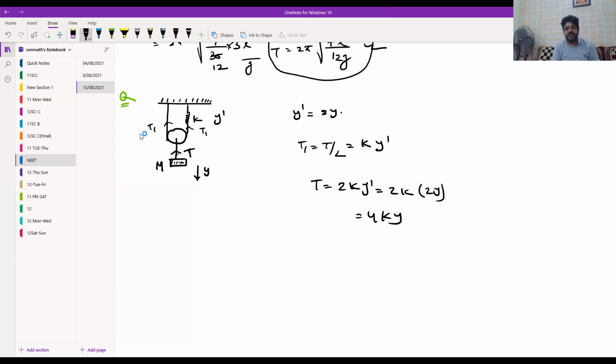Now due to this tension, that tension and this y are always opposing, or you can say this force is always opposing. So my force, that is mass into acceleration, equals minus 4ky.